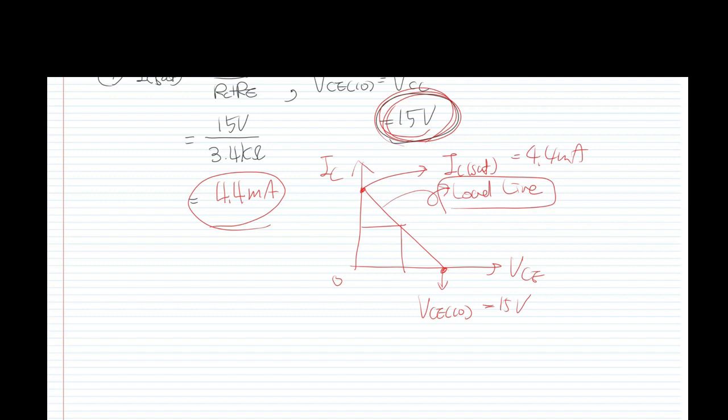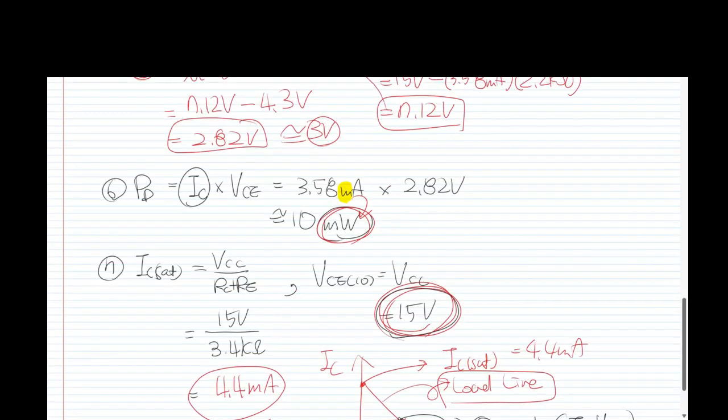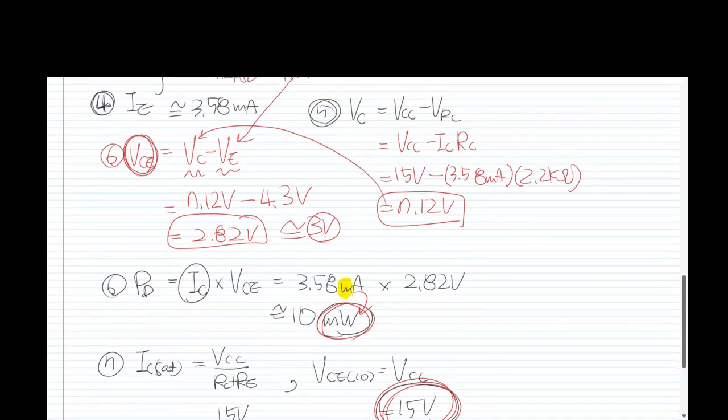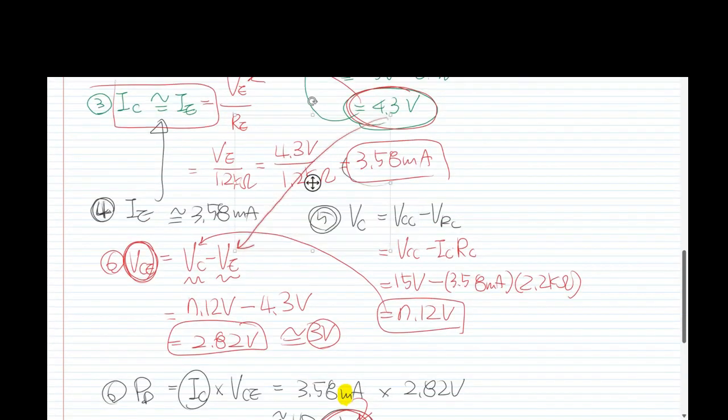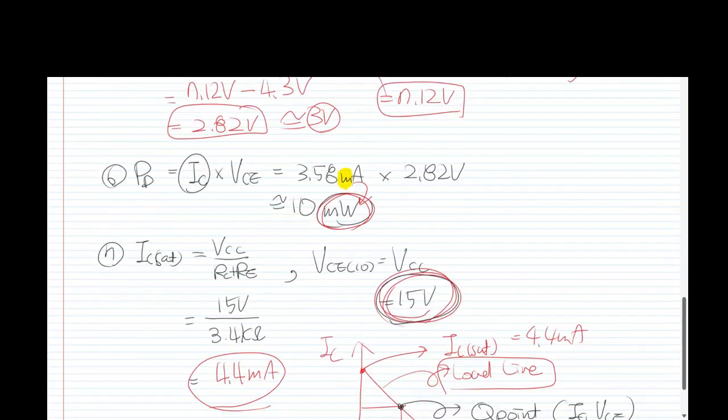And then that was the Q point, with I sub C and V sub CE. What is it? For I sub C, go back to question 3: 3.58 milliamp.